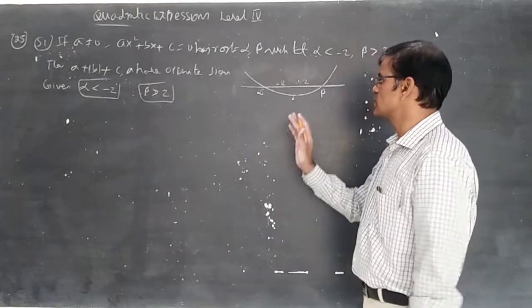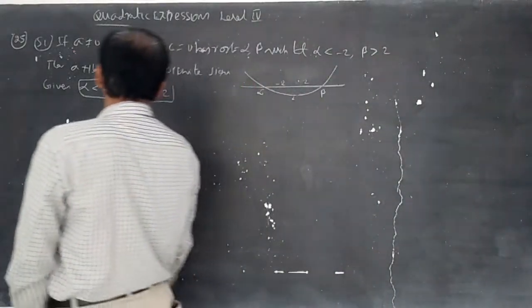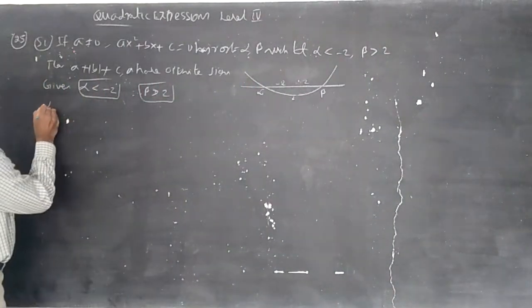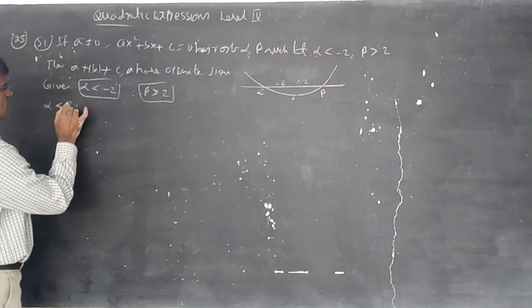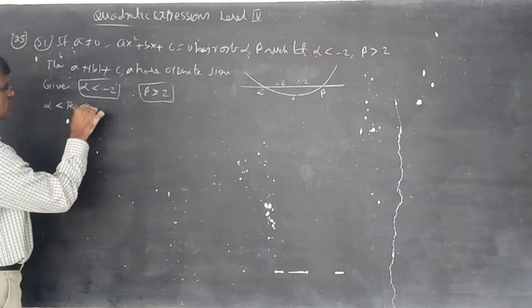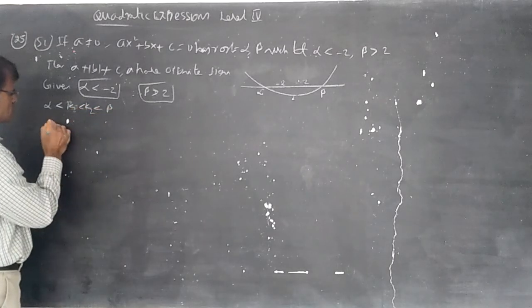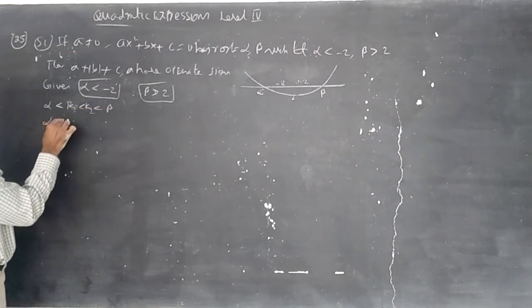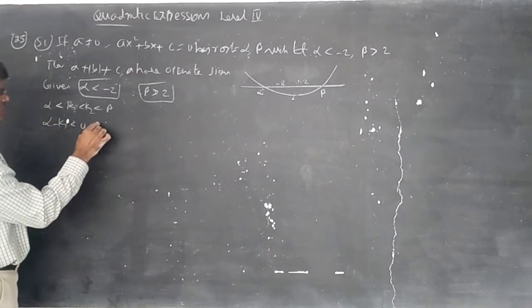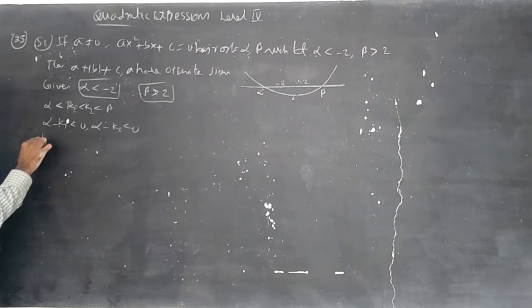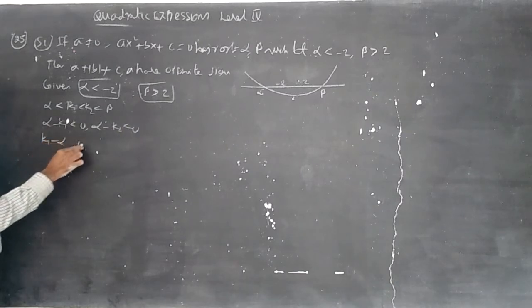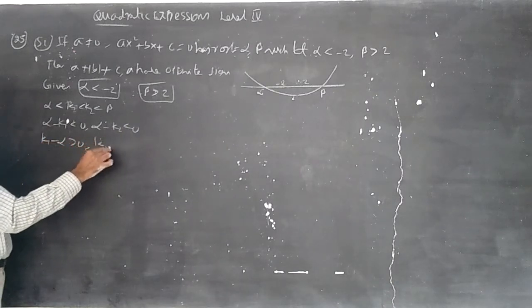Now we can understand the K1, K2 concept. Alpha less than K1 less than K2 less than beta. So we can write alpha minus K1 less than 0 and alpha minus K2 less than 0, that is K1 minus alpha greater than 0.